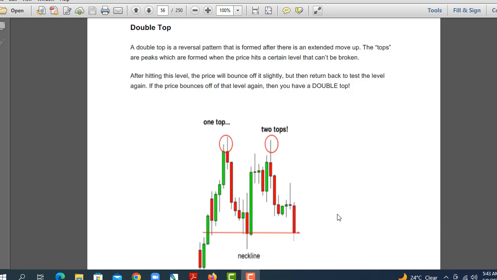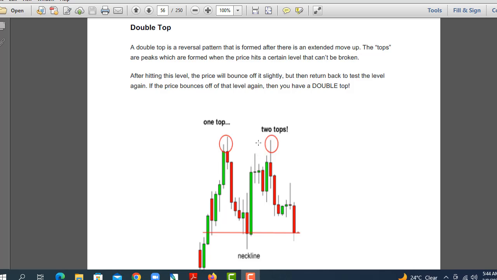So we're looking at the double top. What a double top looks like: for example, we have this market that was trending at this point, and then we made this high point here, we came down, and we made another high here.